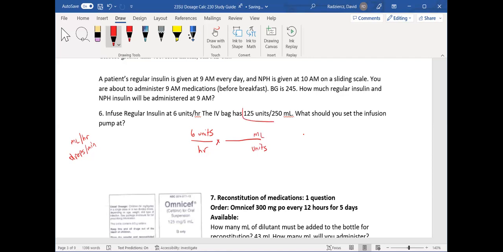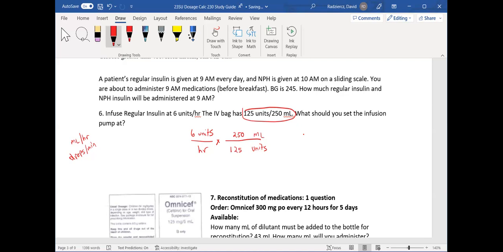According to what I have available, 125 units, 250 ml. Now, you could technically do an ordered over have with this. You just have to remember it's 6 units per hour over 125 units times the 250 ml. So it would get you to the same answer.